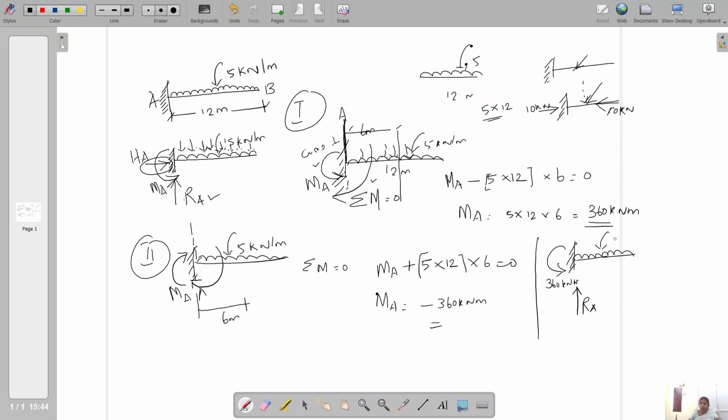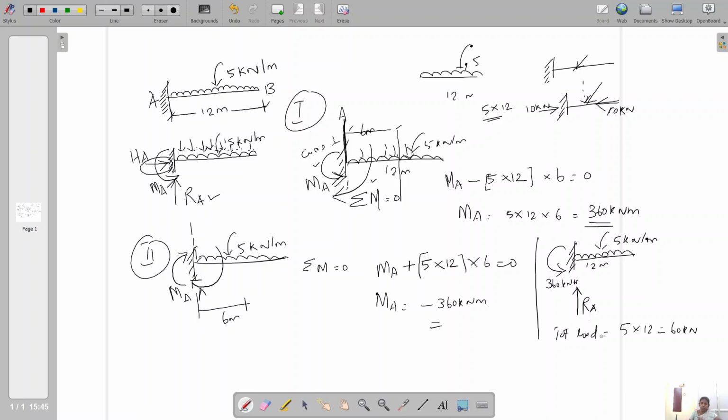Okay, now calculate RA. How is it calculated? The load is 5 kilonewton per meter over 12 meters. There is no other support to take over this perpendicular load. So all the load is carried by support A only. So directly calculate the total load. What is the total load? 5 into 12, that is 60 kilonewton.